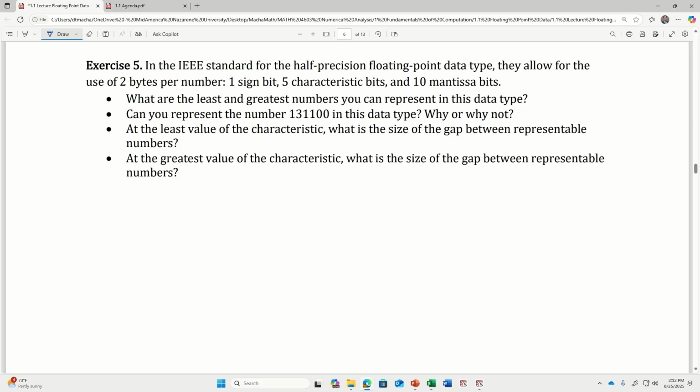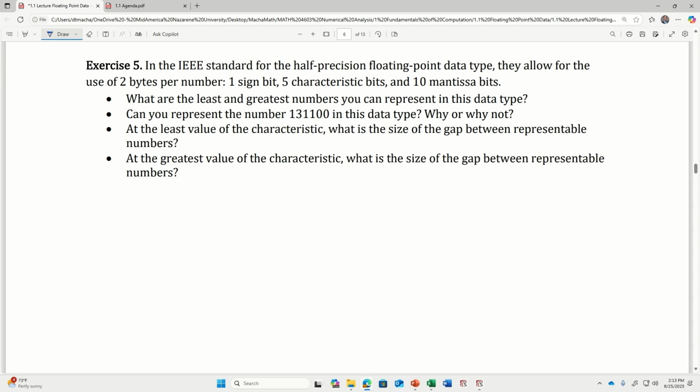Okay, exercise 5. In the IEEE standard, and I can't remember what that stands for now. Something about electrical engineering, right? Does somebody know what IEEE stands for? I think it's the Institute of Electrical and Electronics Engineers.